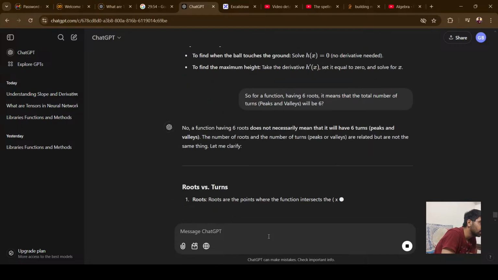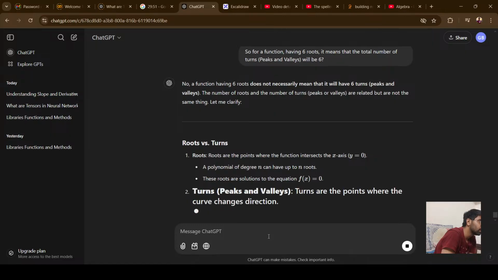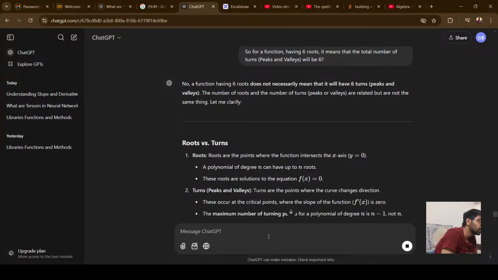No. The roots, I thought it would be 6 only, so I have not understood this properly still.